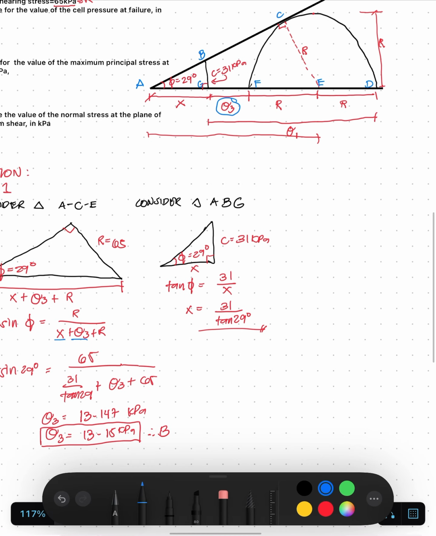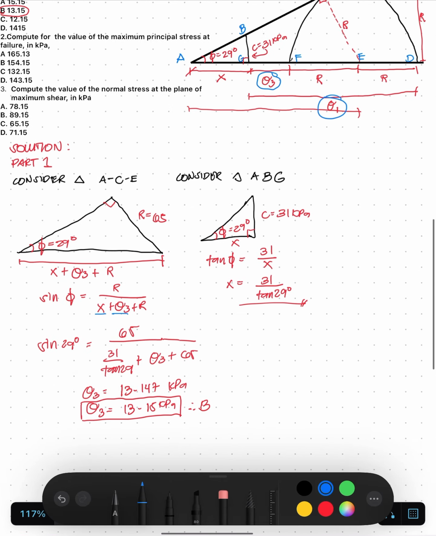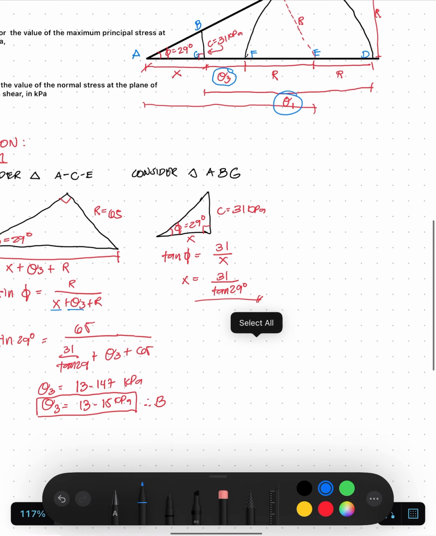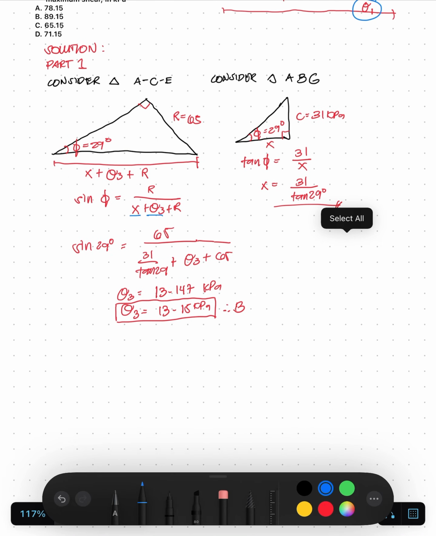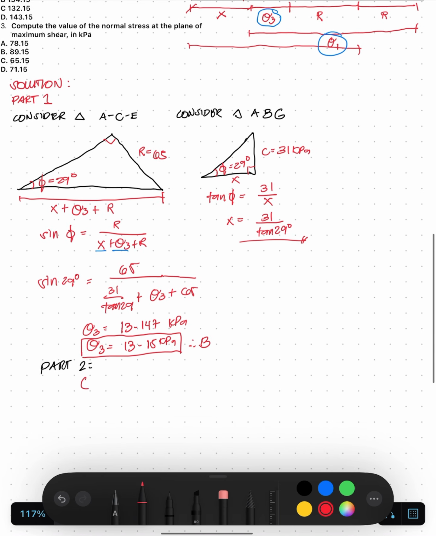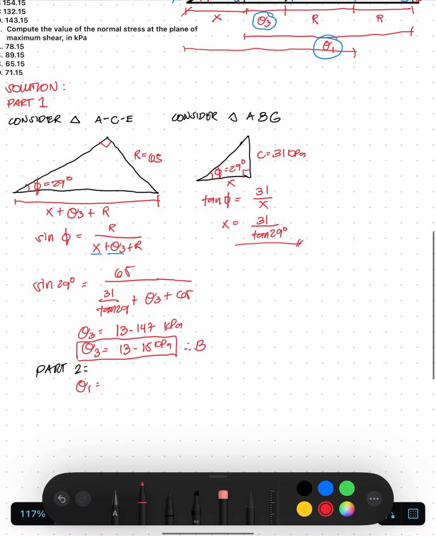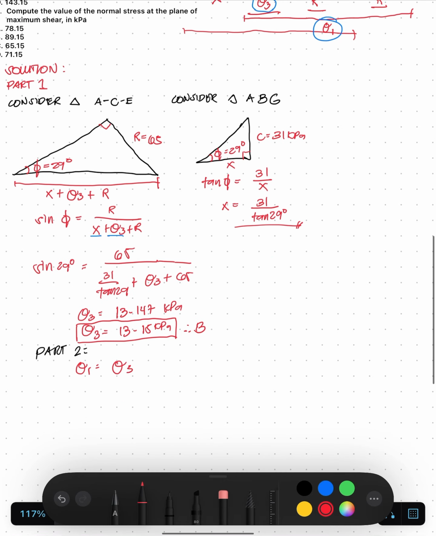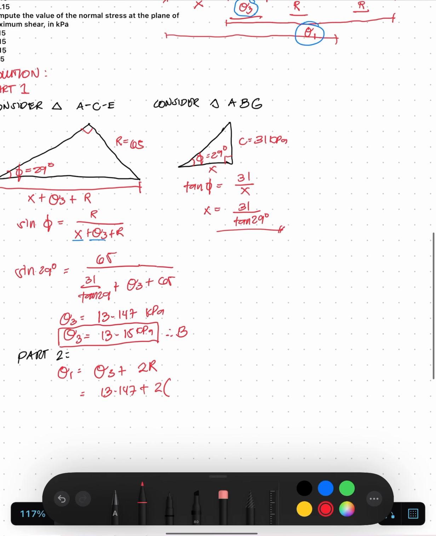Next, for number 2, compute the value of maximum principal stress at failure. So again, that is just the sigma 1. So for part 2, sigma 1 is equal to sigma 3 plus 2r. That is 13.147 plus 2 times the r, which is 65.